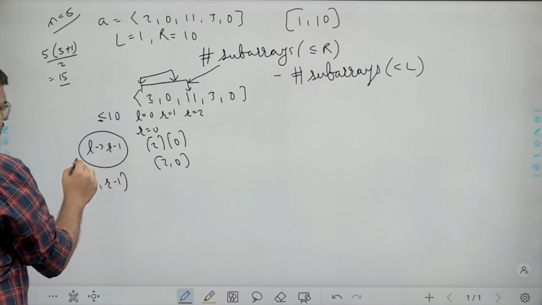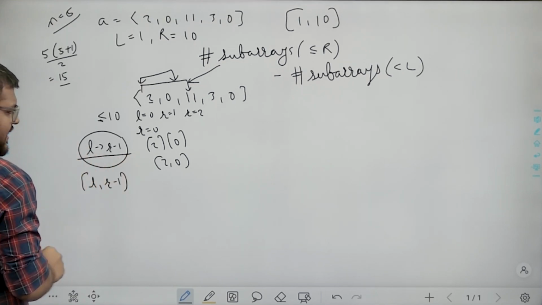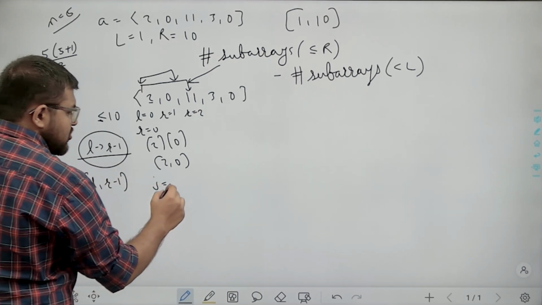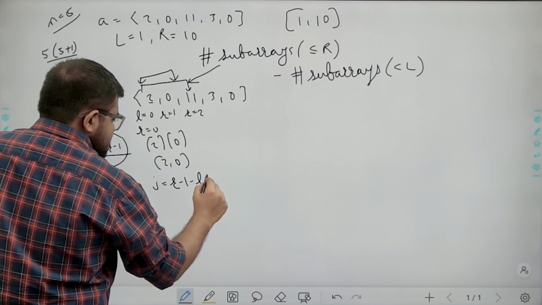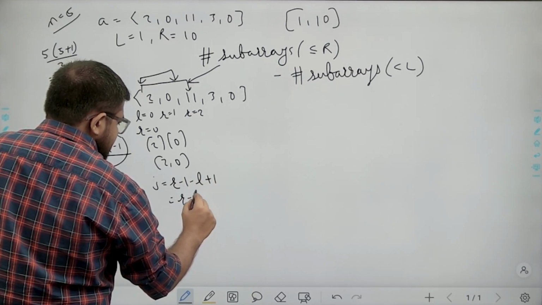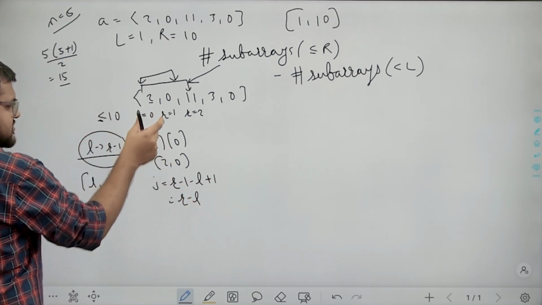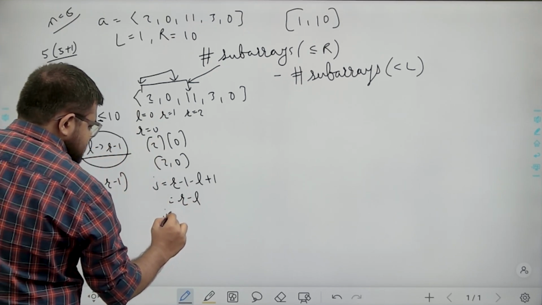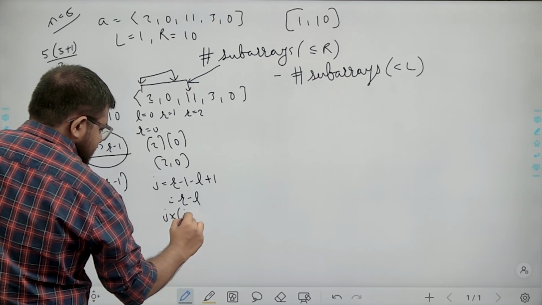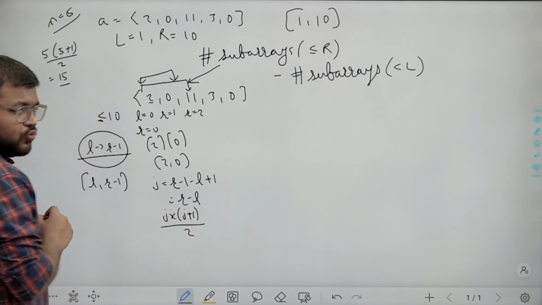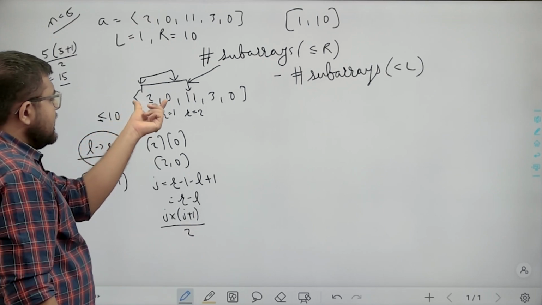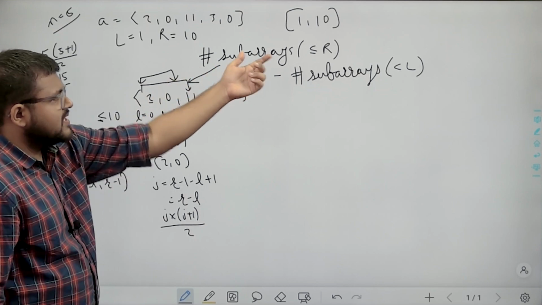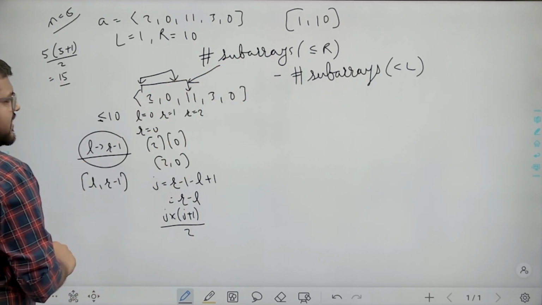If I want to calculate the number of subarrays between L and R minus 1, the total number of elements between L and R minus 1 is R minus 1 minus L plus 1, that is R minus L. And if the number of elements in this subarray is J, which is R minus L, then the number of subarrays will be J times (J plus 1) divided by 2. So I calculate the number of subarrays which can be formed here, because all the elements are less than or equal to R, and add it to my answer.